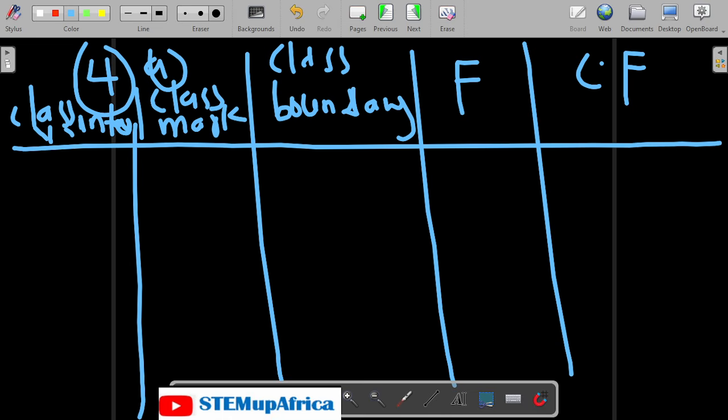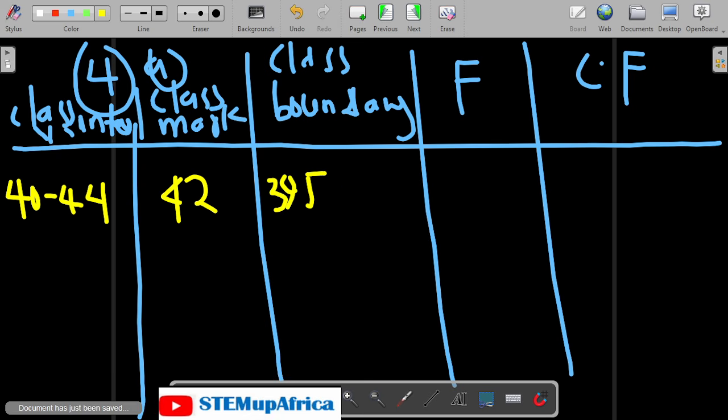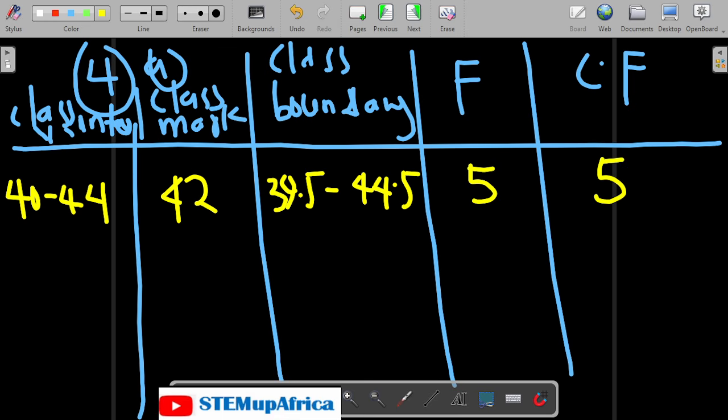So the first class interval here, we have 40 to 44. The class mark will be what? 40 plus 44 divided by 2. My class mark is 42. The class boundary will be 39.5 to 44.5. The frequency there is 5. Cumulative frequency is 5.